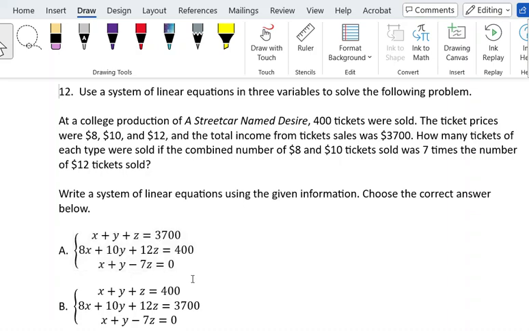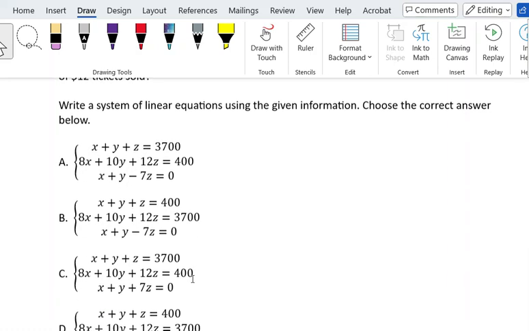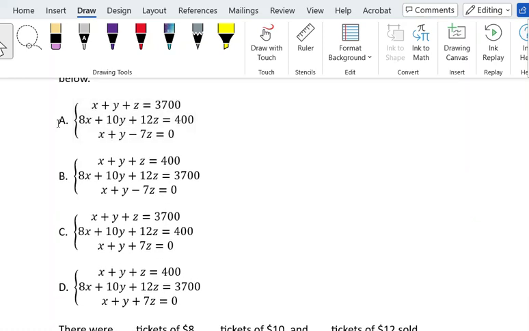That total needs to equal 400. So I can see right away that it's not going to be answer choice A or C because my total number of tickets is 3,700, not 400. So that's going to limit me to choice B and D. So I can cross those off if I want to. Not that one, not that one.